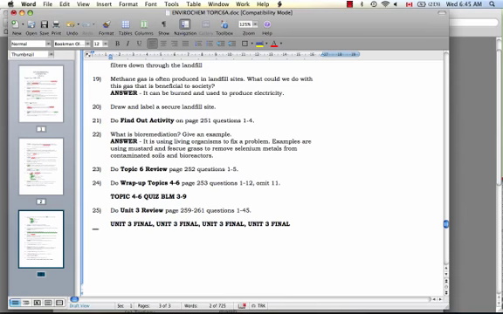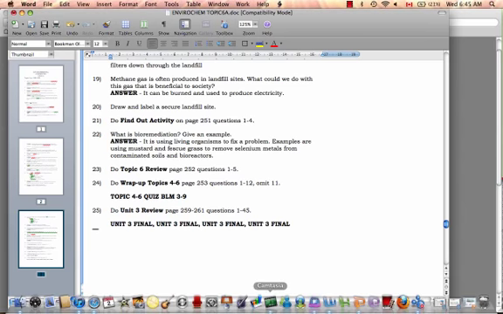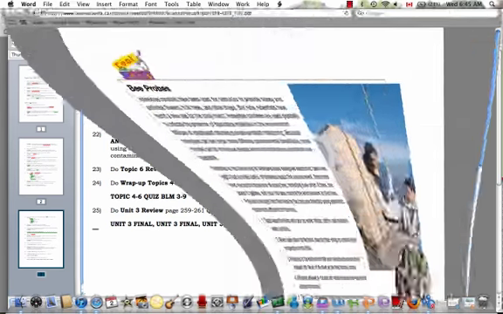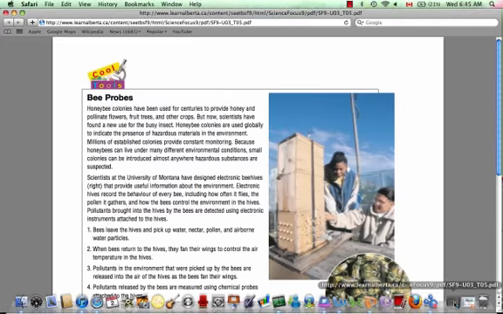Draw and label a secure landfill site. Well, secure landfills deal with hazardous waste, first of all, and secure landfills will have venting.